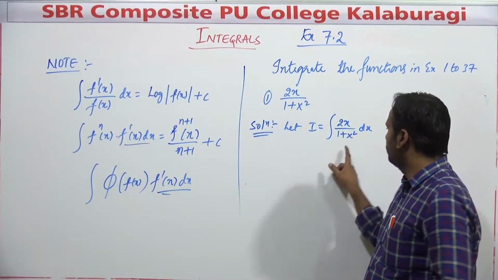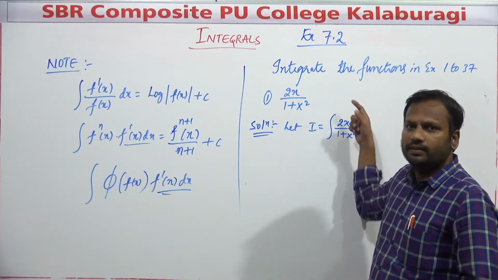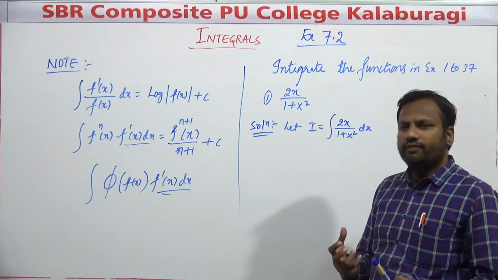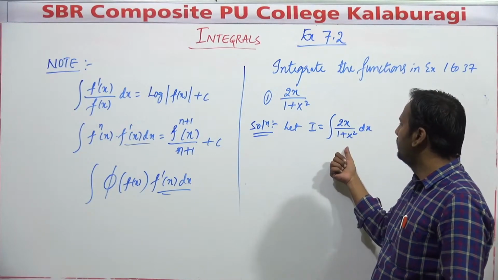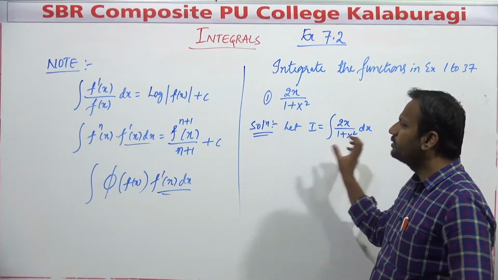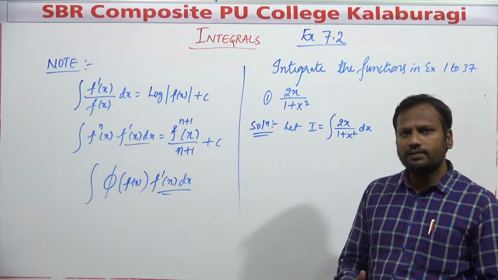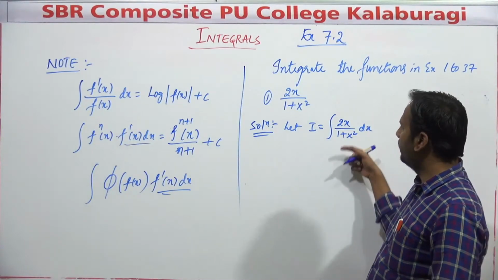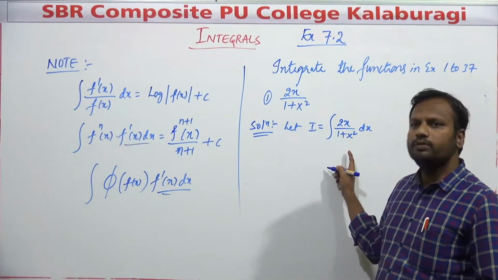Whether you feel the denominator is more complex than the numerator. If you feel a particular thing is the complex one, you make the substitution there. Most of the time it will be in this format, so the denominator will be the substitution, or else whichever is complex in the numerator or denominator, that one you have to substitute.